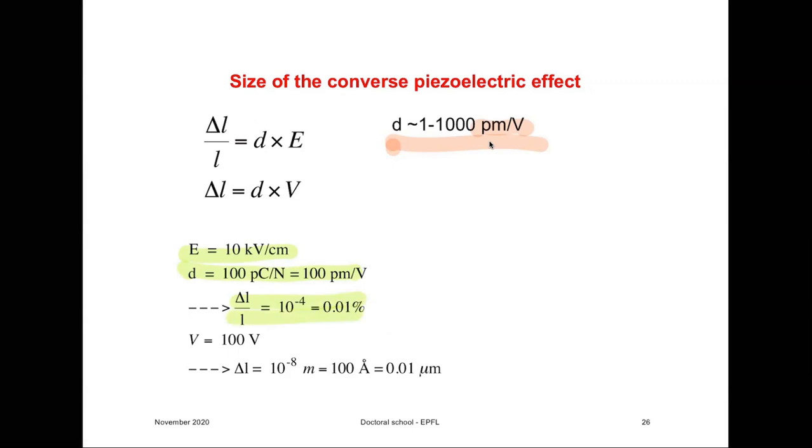If we, on the other hand, consider just this relationship here, and we apply 100 volts, then displacement for the same 100 picometers per volt would be something like 10 nanometers. This is not much, but you don't have that many actuators that can give you such small displacements with a good precision.